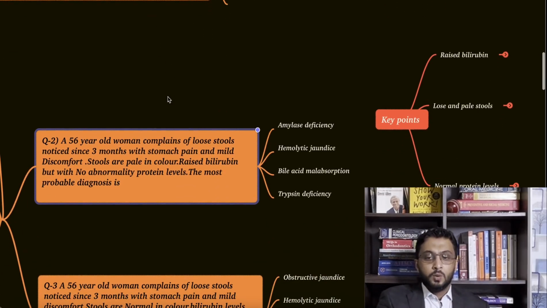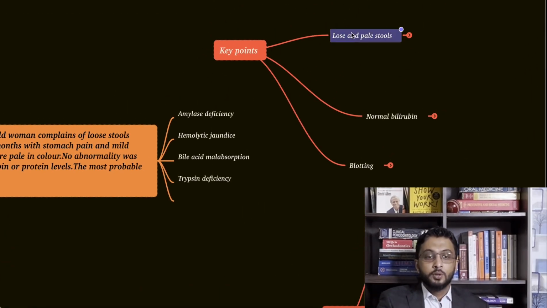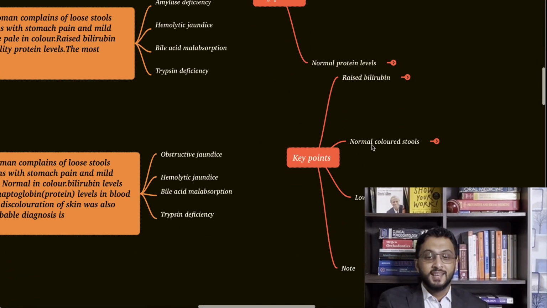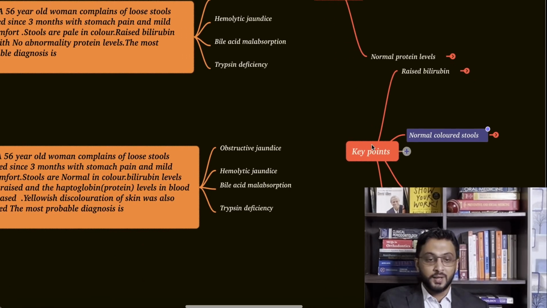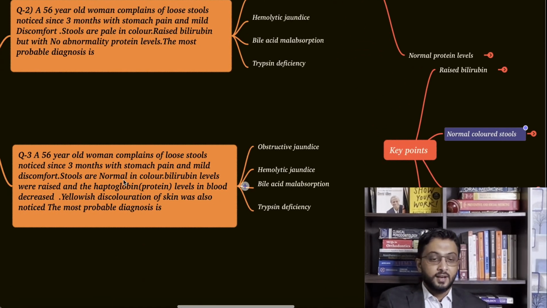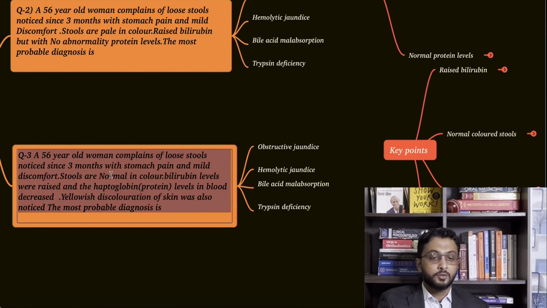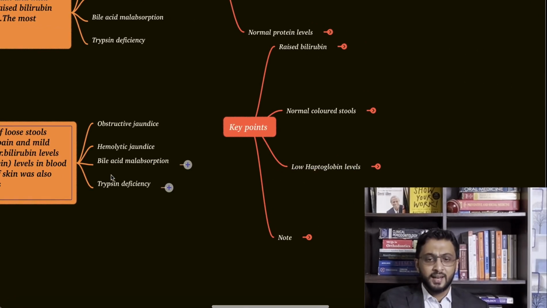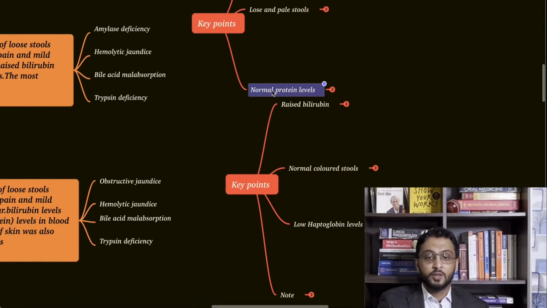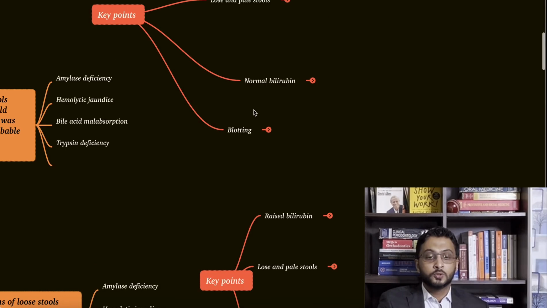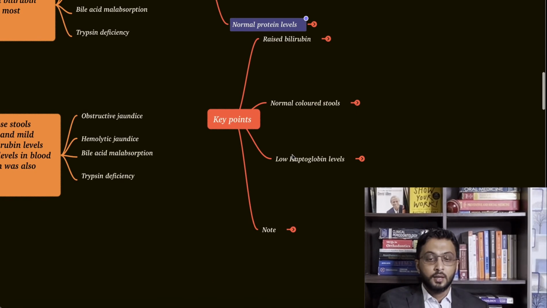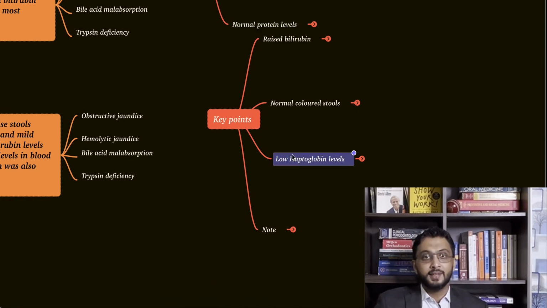Both of them have loose pale stools, while in the third one the stools are normal in color. I'm going slow so that you understand it. Here the protein level was normal, and in one other also the protein level was normal. Here the protein level is low, in fact low haptoglobin level.